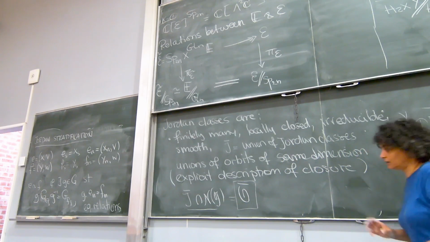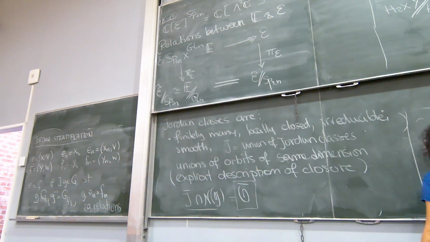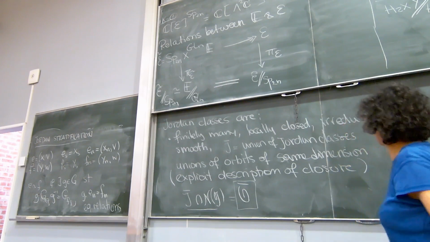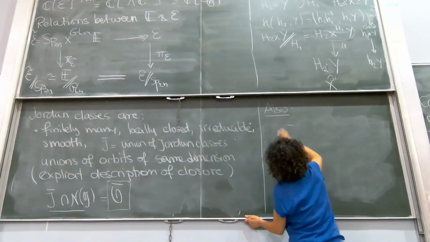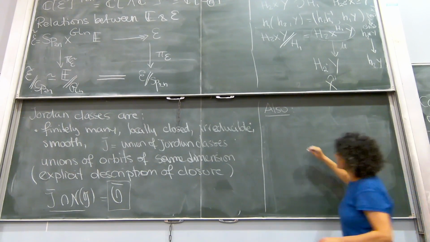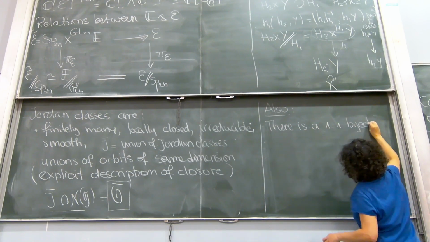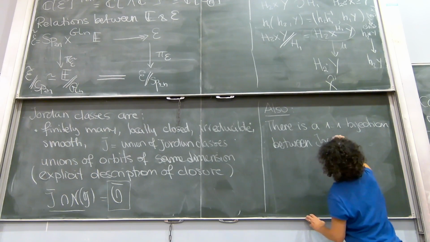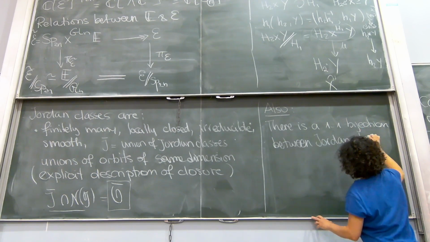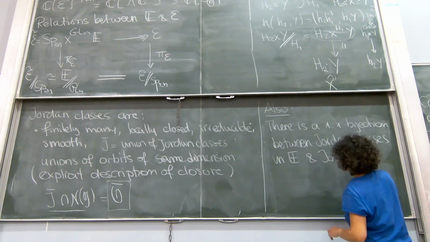And in fact, the other thing is that this stratification thickens also the result of Achar and Henderson, namely, first of all, there is a one-to-one bijection between Jordan classes in E and Jordan classes in the exotic module.